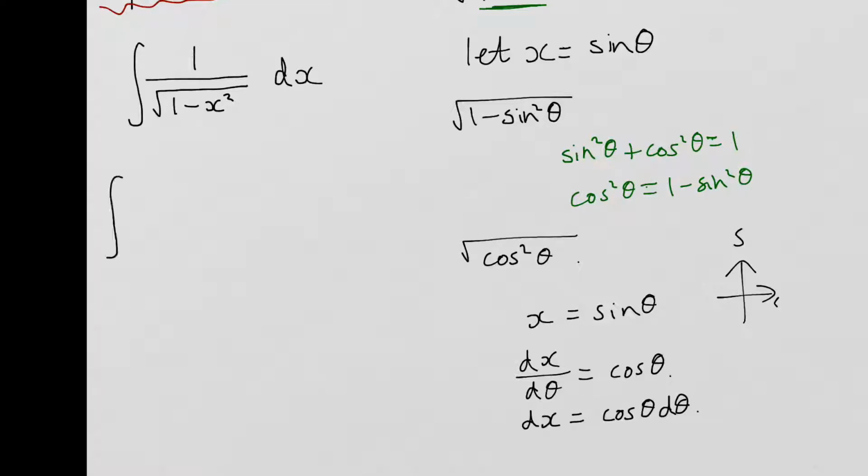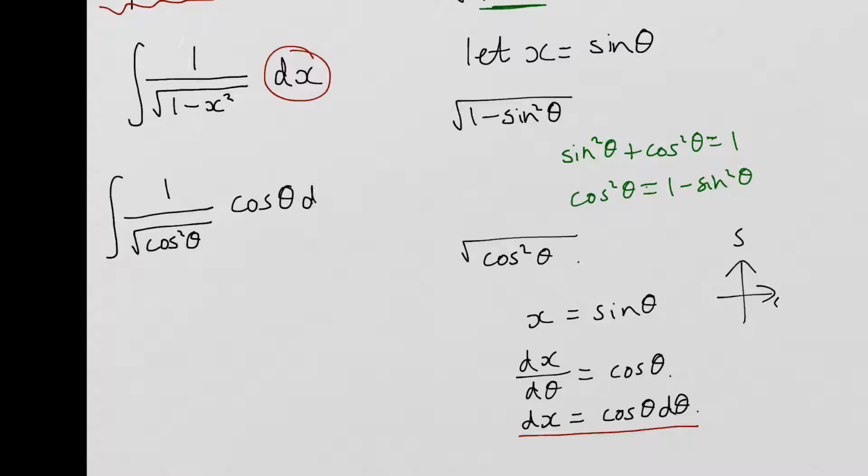Okay then. Popping that in, we are going to get 1 over the square root of cosine squared theta, and then in place of our dx we're now going to have cosine theta d theta. Wonderful.